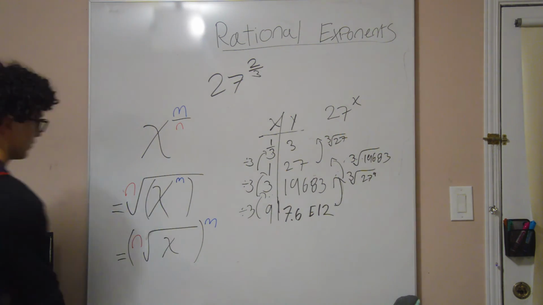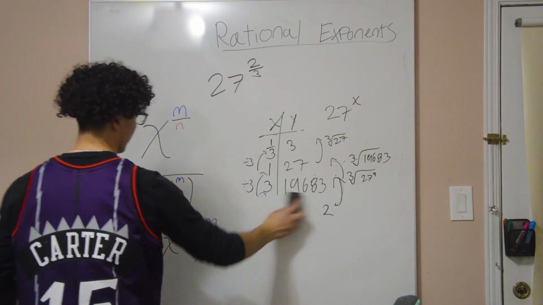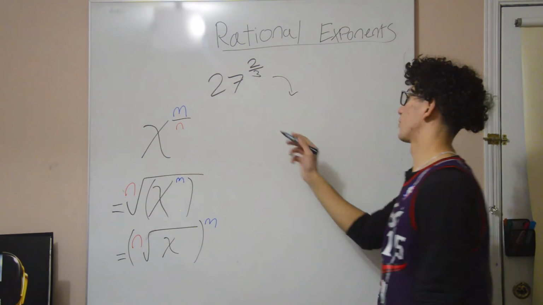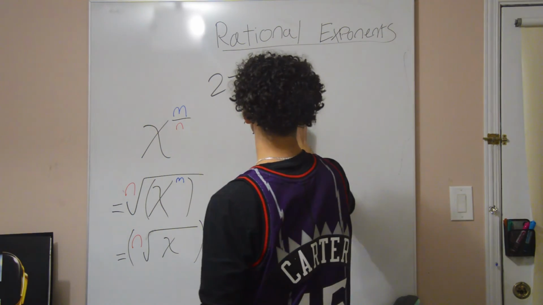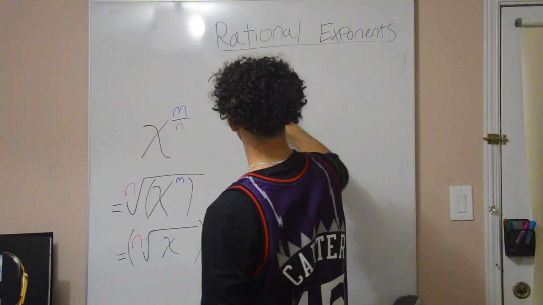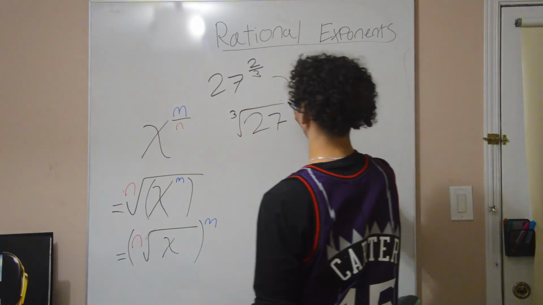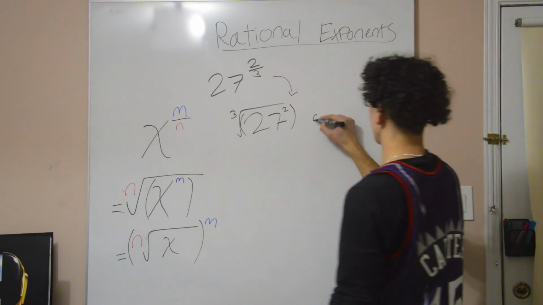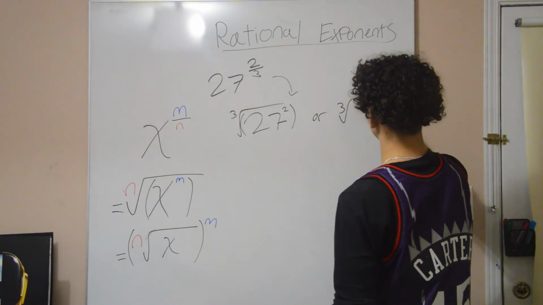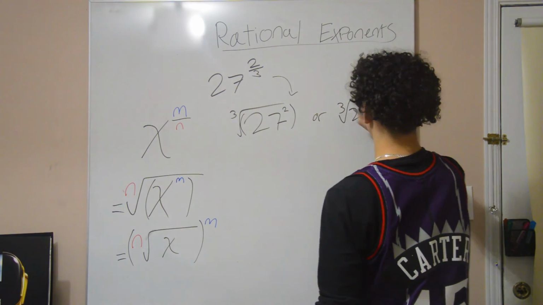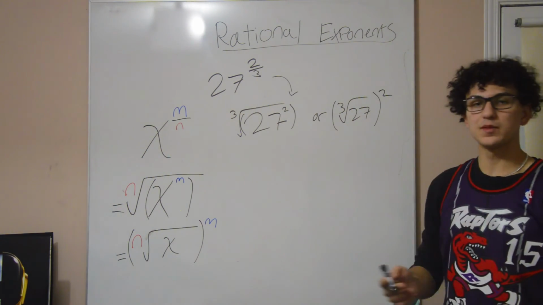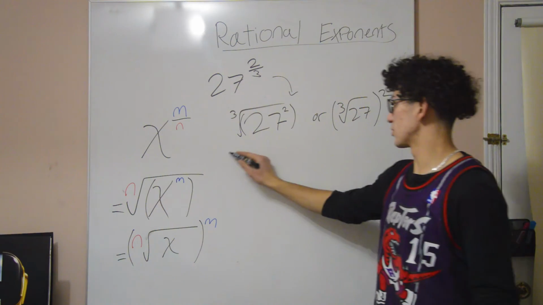And I'll show you a really good example of both the ways we could do that. So 27 to the 2 over 3 actually works really well. We can either take the third root of 27 squared, or we can take the third root of 27 and then square that, just like that. And these are the exact same thing because in the end it gives us the same answer.